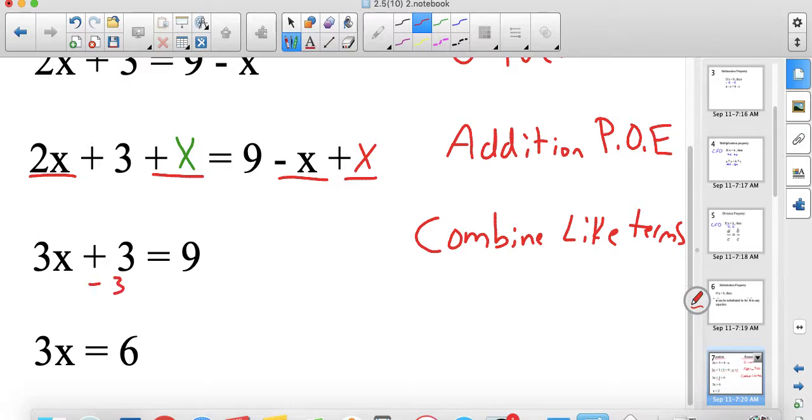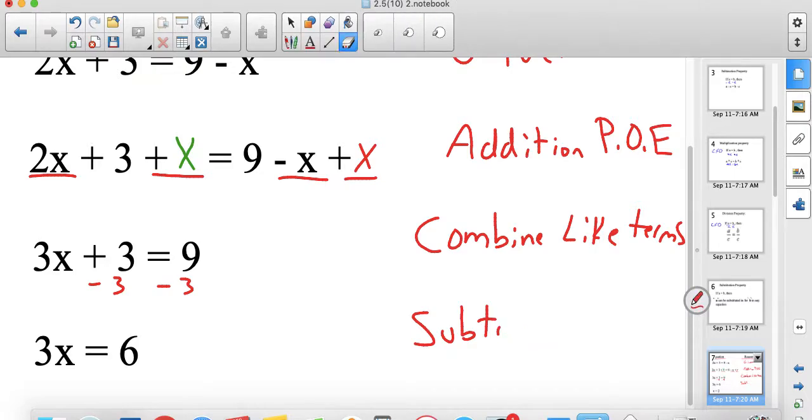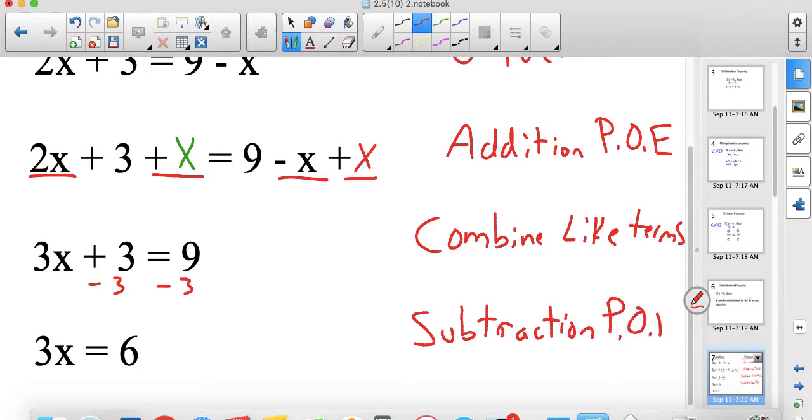What property is that? That is our subtraction property of inequality. And when we use it, we're going to combine our terms when we take it over. We don't have to write out the minus 3, then combine terms.